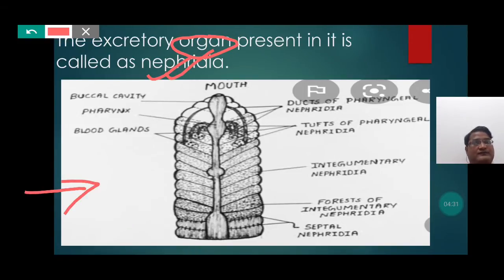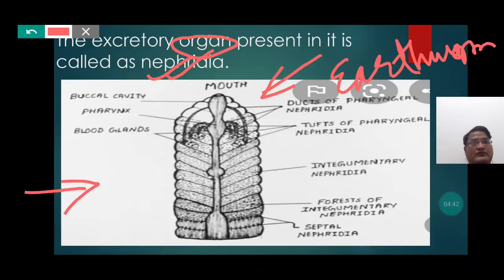So students, this is the picture of an earthworm where we can notice various types of nephridia present in it. So students, the first type of nephridia which we can find here is the pharyngeal nephridia.